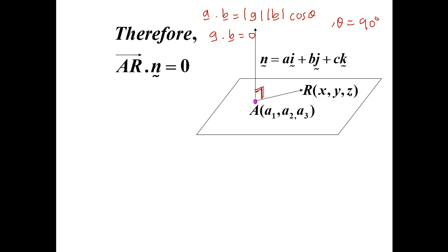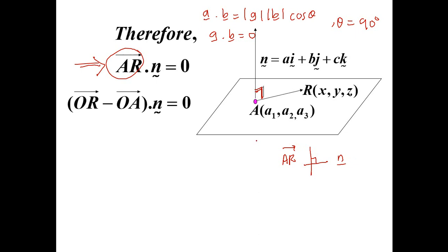Here, vector AR dot B, where B is perpendicular to A. In this case B is equal to n, so vector AR dot vector n is equal to 0. We want to show vector AR is perpendicular to vector n.